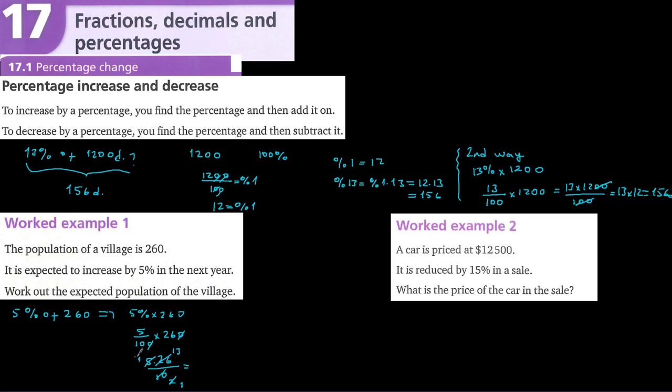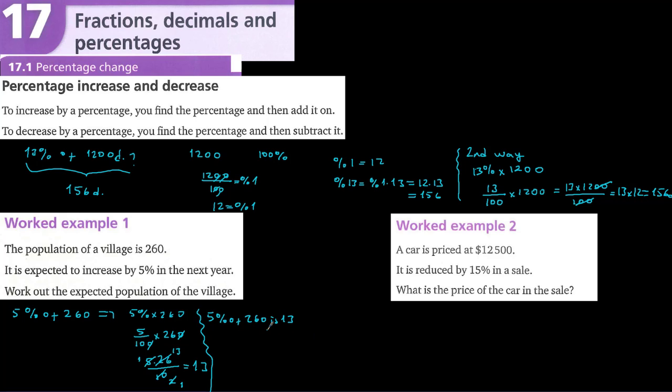The result is 1 times 13 over 1, which is equal to 13. So 5% of 260 is 13.